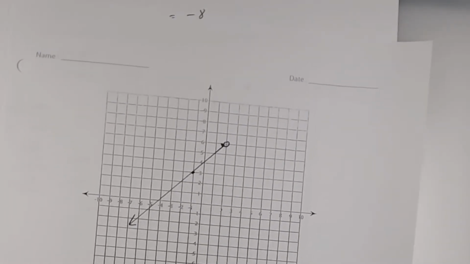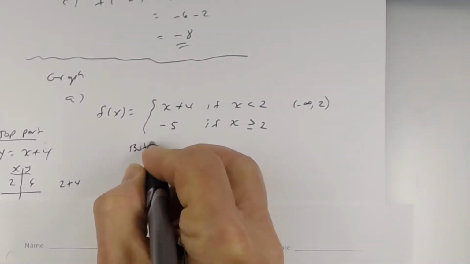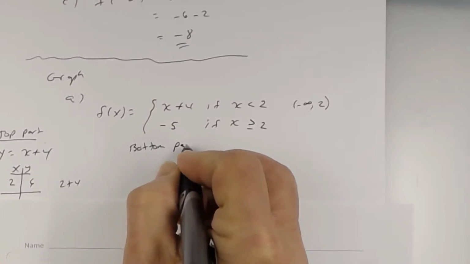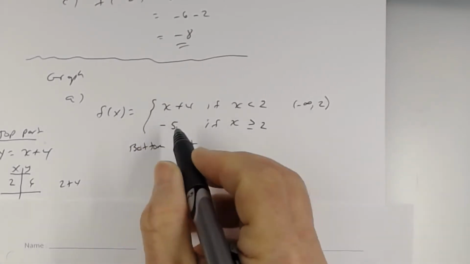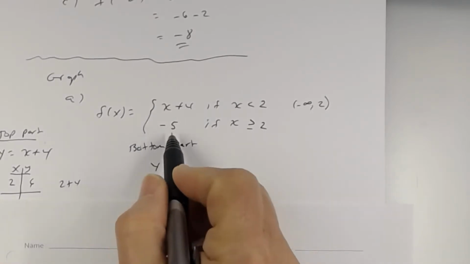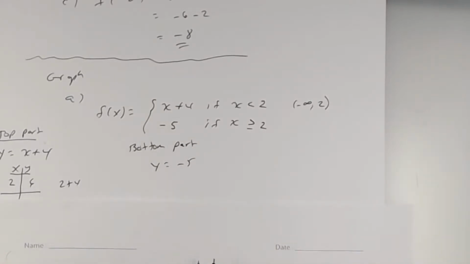What part do I do now? The bottom. All right, so I'm going to write it. I'm going to say bottom part. I'm going to say y equals what? Y equals negative 5.